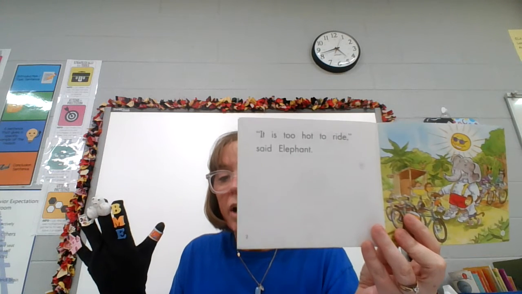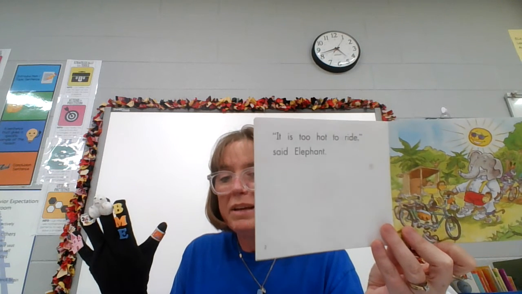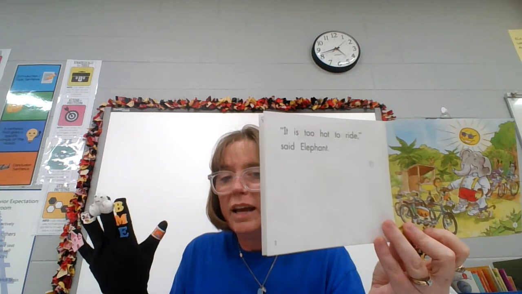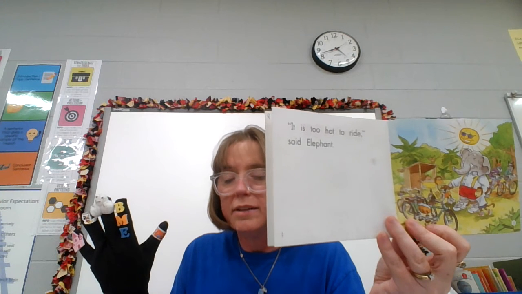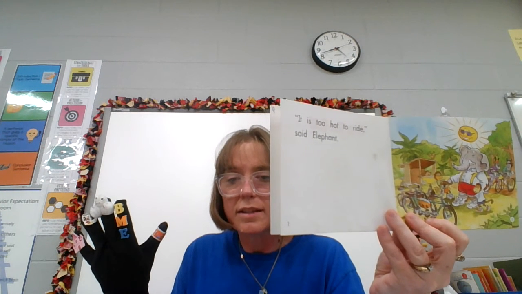And if you hear, boys and girls, the word beginning, it's going to mean the first part of the story. So I'm going to turn to the first part. I can go back and see that at the beginning, Elephant said it was too hot to ride. So they could not ride their bikes because it was just too hot. Then we go to the middle part for events.